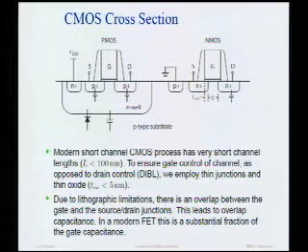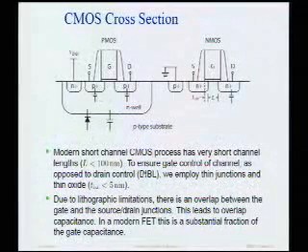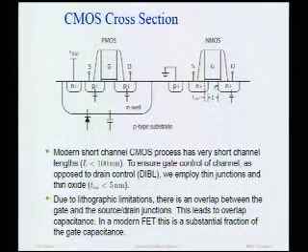And as I change the length of the channel, the current varies a lot. But there are other effects. There's the so-called DIBL, or drain-induced barrier lowering. This has to do with the fact that if I make this drain voltage large enough, I lower the barrier for injecting electrons into this device. And that also changes the threshold of the device, and it also increases the current.